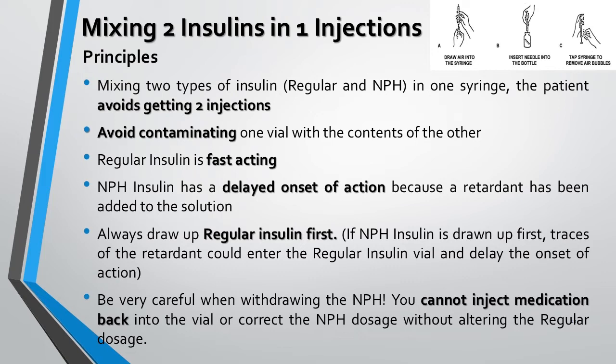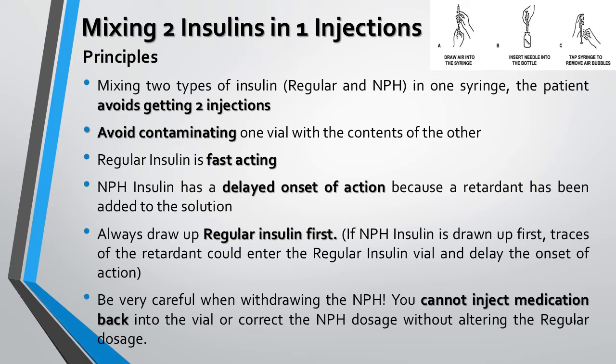Procedure involved: gently rotate NPH insulin to mix well. Wipe the top of the vial with an alcohol pad. Draw some units of air into the syringe and inject the air into the NPH vial. Withdraw the needle. Draw some units of air into the syringe and inject the air into the regular vial.